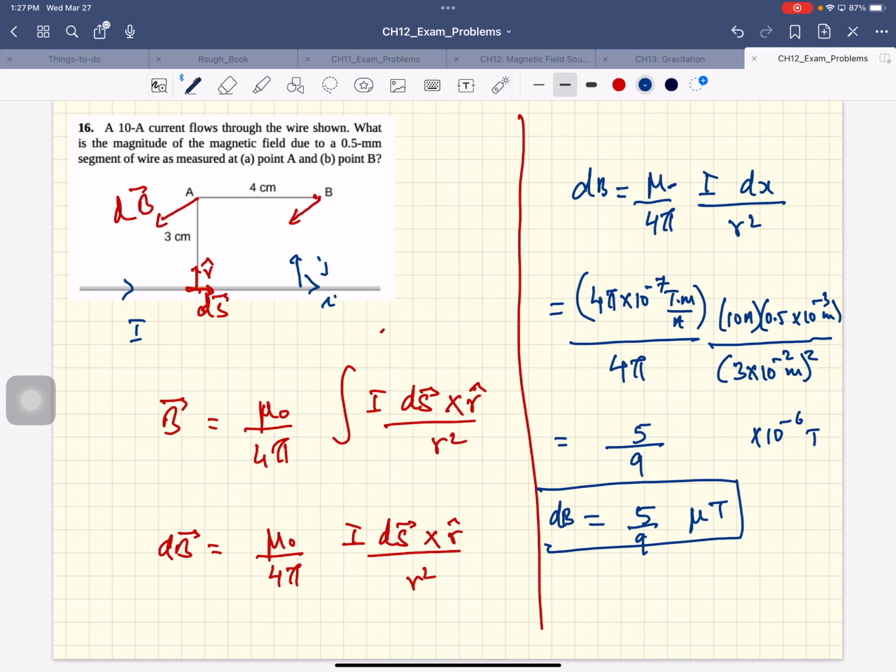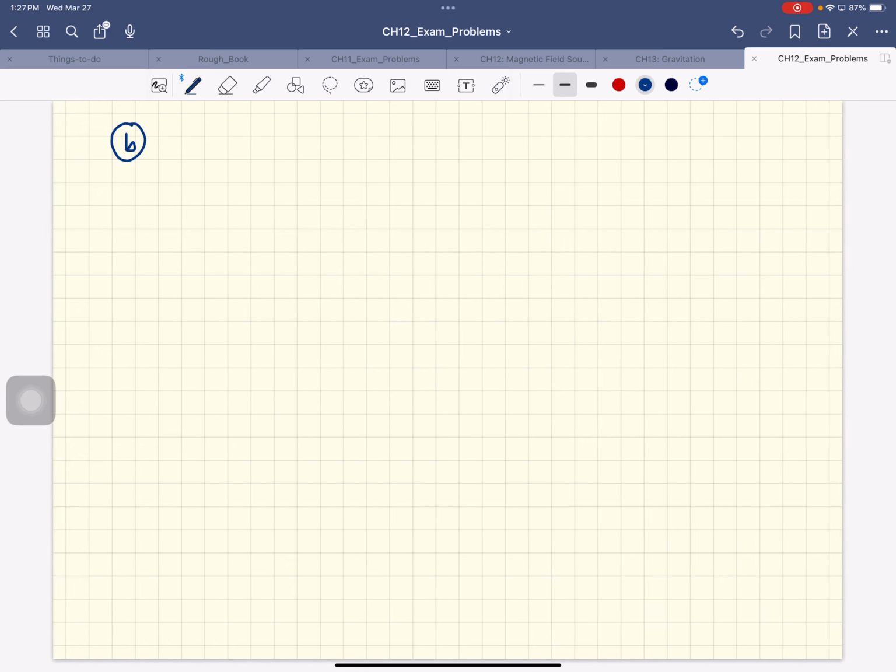So this is at point A and at point B. Again, the expression is dB is mu naught over 4 pi, I ds cross r hat over r squared.